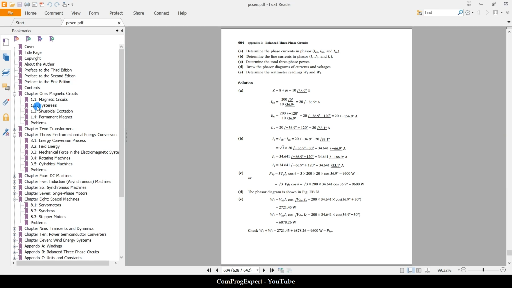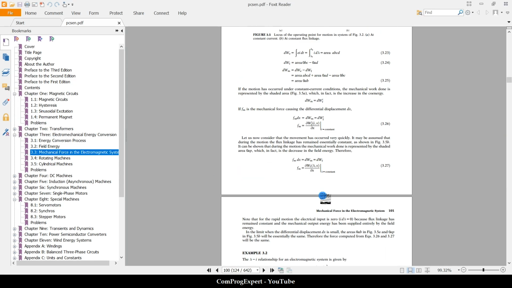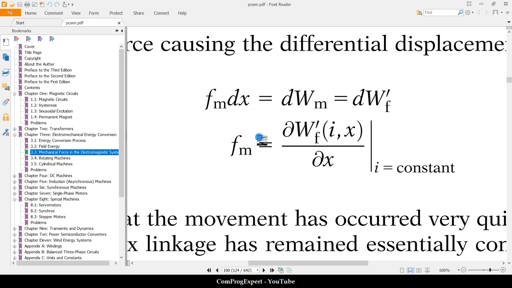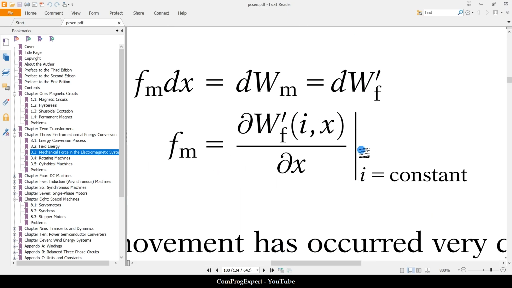We have these two equations for calculation of the force. This is the co-energy. In the co-energy method, we take the partial derivative of the co-energy with respect to the position variable, where the value of the current is constant.